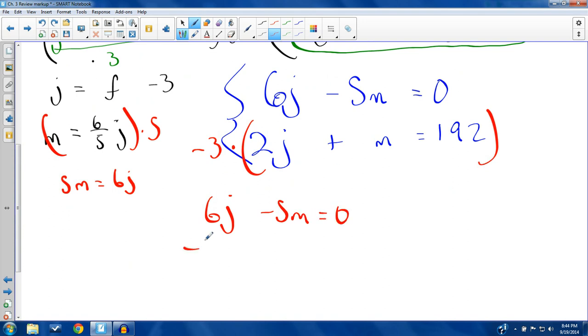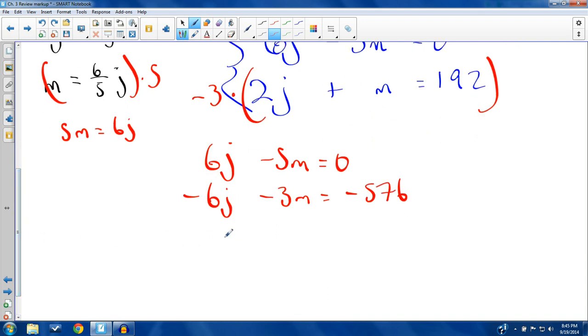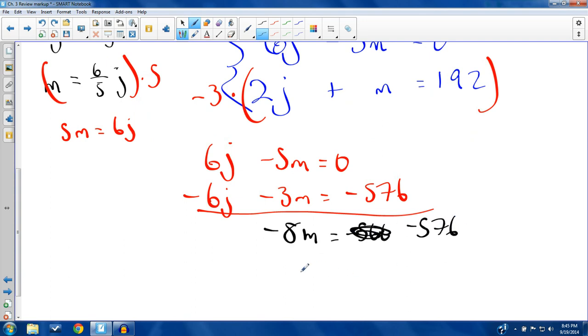Multiplied by negative 3, I get negative 6j minus 3m equals negative 576. I apologize if I'm wrong, but I'm sure the math will speak for itself here. And eliminate. We get negative 8m equals negative 576. Divide by 8.